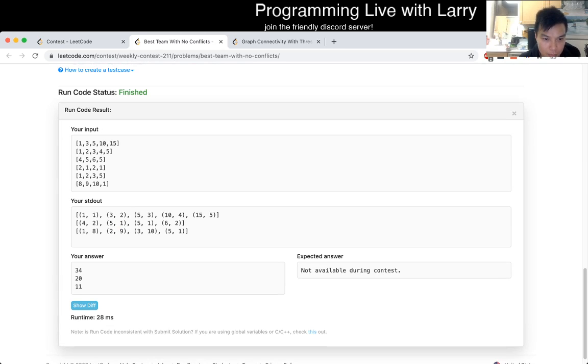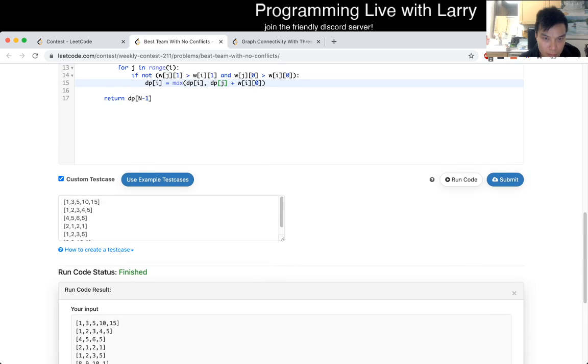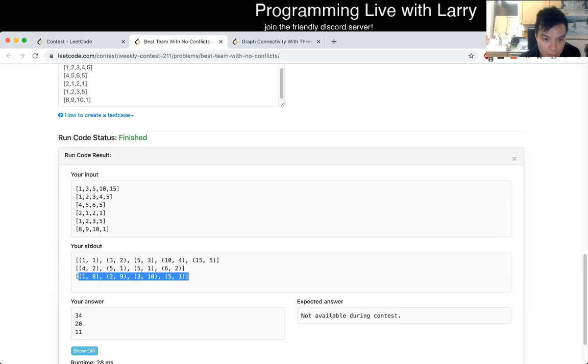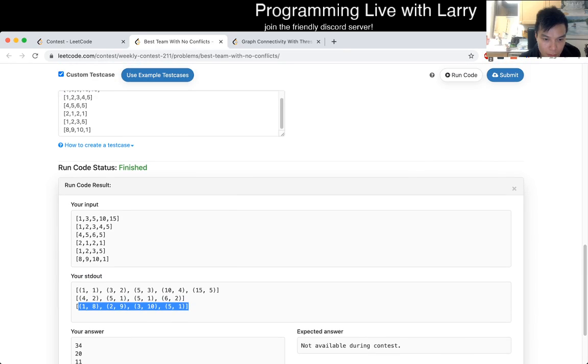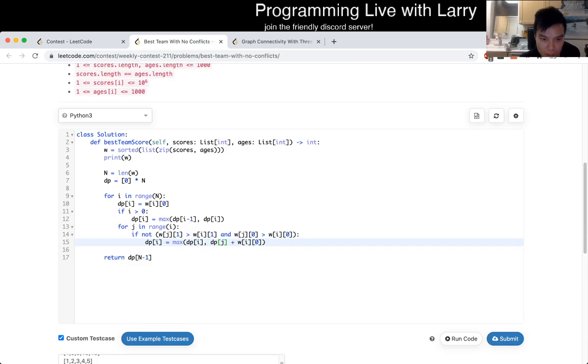Okay. So basically it has to be, did I do it by score or the other one? Let's see. In this case, it's the highest score. This will have to be greater than.